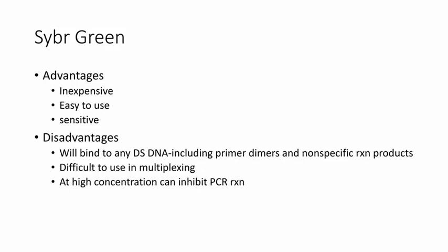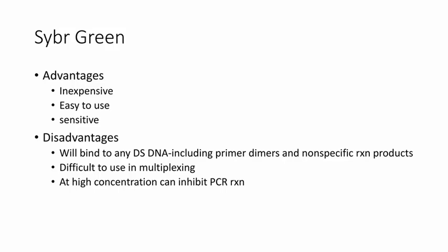So if you want to amplify more than one target sequence at a time, you can try to do that with SYBR Green. And as long as they're maybe very different in size, for example, you can tell the difference. And I'll be talking at the end of this lecture about how you can tell the difference. But if you get too many things at one time, you really can't tell the difference based on the size that they are.